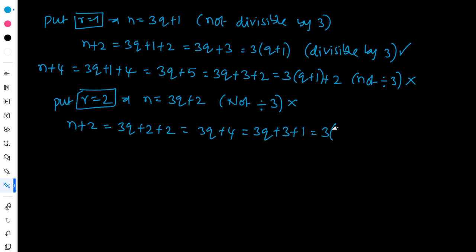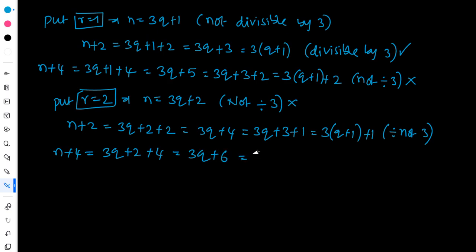Now from the first two terms 3 common, 3 times (q plus 1) plus 1. So it is not divisible by 3. Now write n plus 4: 3q plus 2 plus 4 equals 3q plus 6. 3 common, 3 times (q plus 2). Yes, it is divisible by 3.